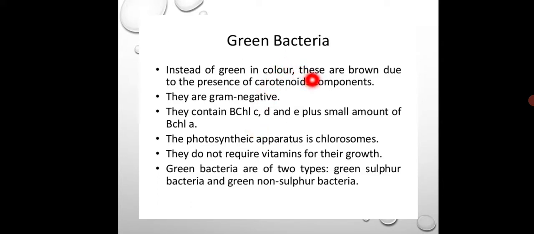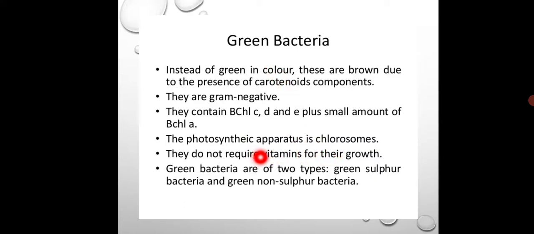These are photosynthetic bacteria which perform photosynthesis in the chlorosomes, which are spread in the cell membrane. So the photosynthetic apparatus present in the green bacteria is the chlorosomes.